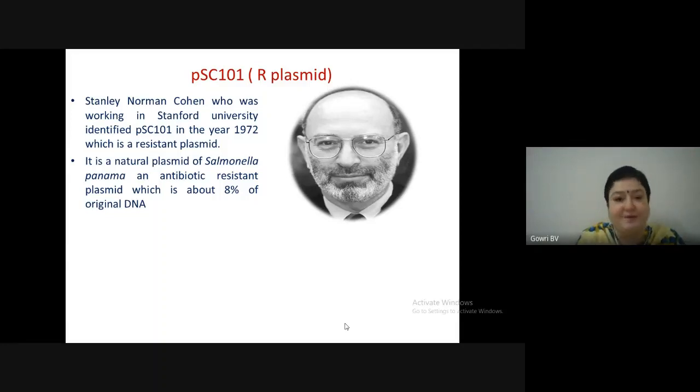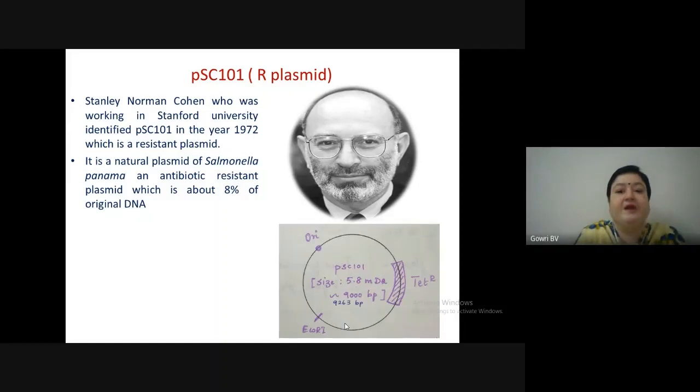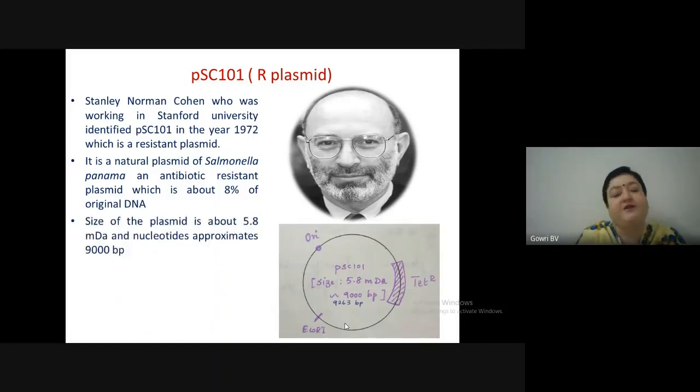The size of the plasmid is around 5.8 M Daltons, and the nucleotides approximate to 9,000 base pair. Exactly, it is 9263 base pair or 9.2 kilobase. So the size of the plasmid is around 9.2 kilobase.